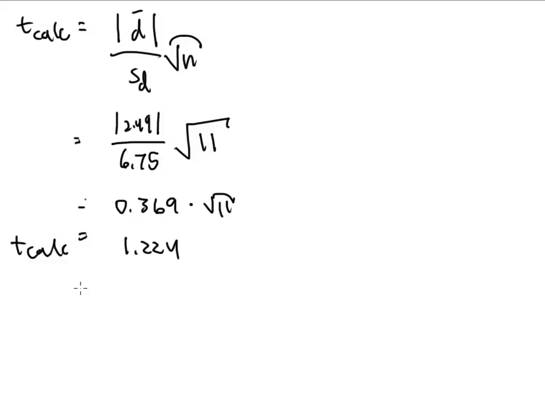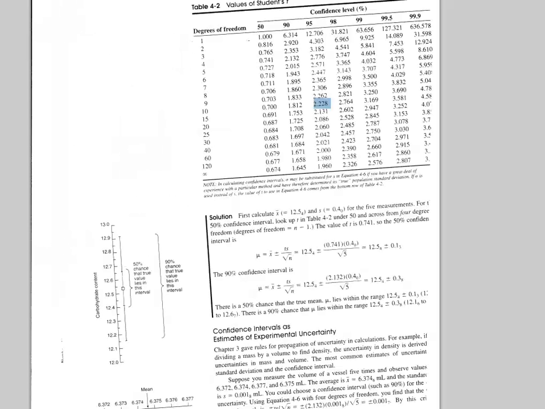All right, now what do I do with that number? Well, my goal here is to figure out if these two methods are the same. And we said to do that, we've got to compare our T calc to our T table. So I'm going to have to go to our T table and pull off what that T table value is going to be.